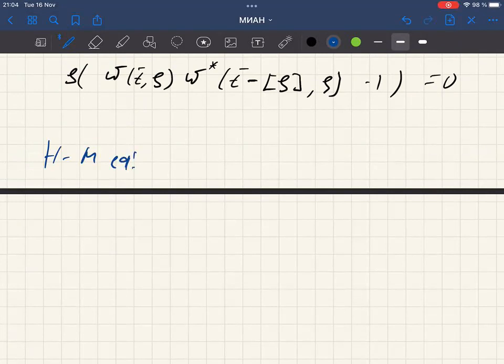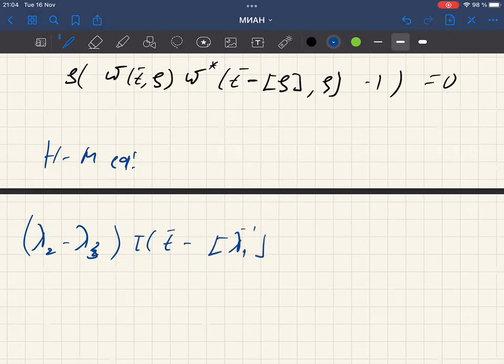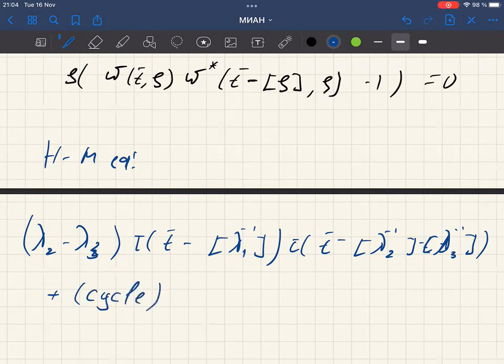It could be written the way lambda 2 lambda 3 tau t minus lambda 1 tau t minus lambda 2 minus lambda 3 inverse plus cycle equals to 0.